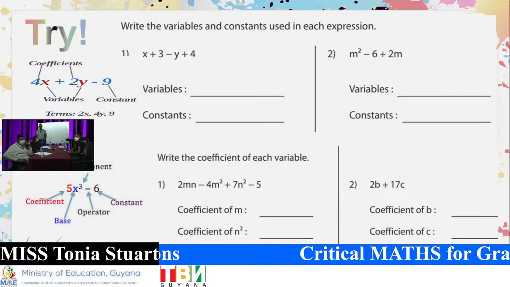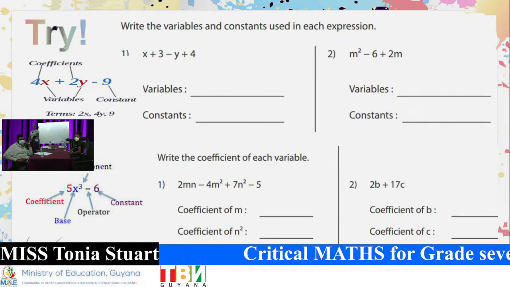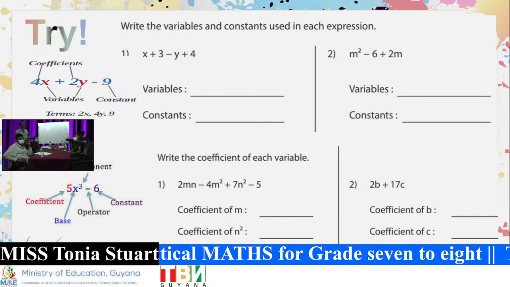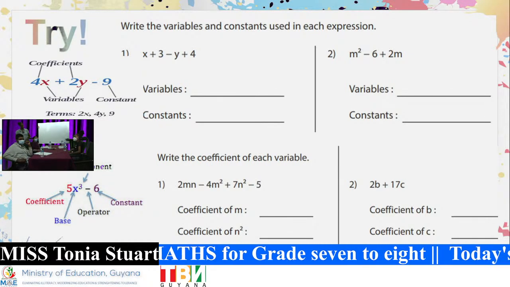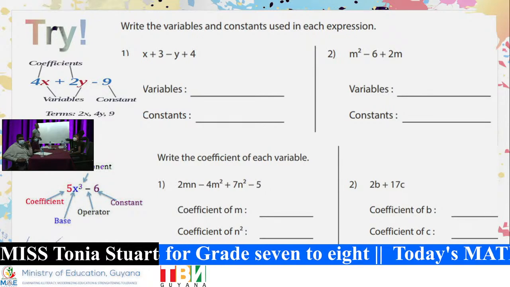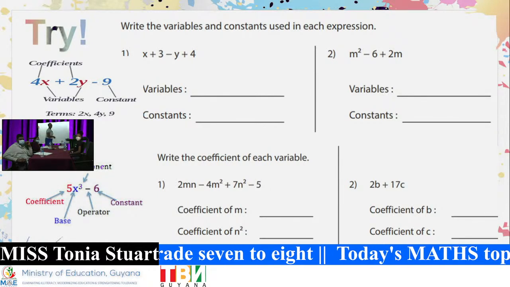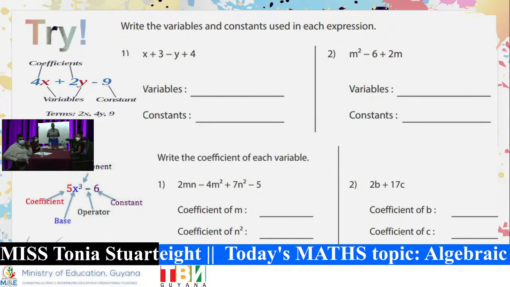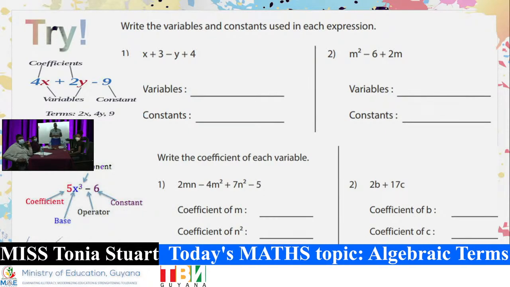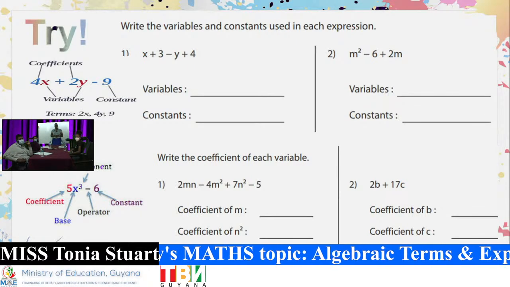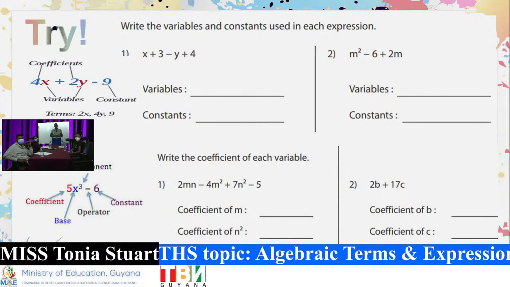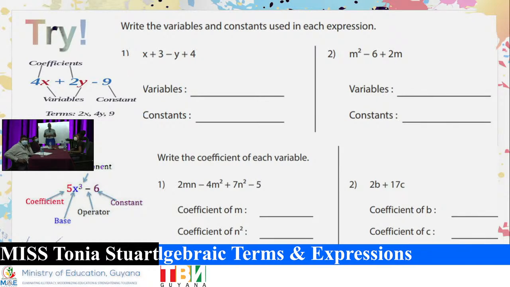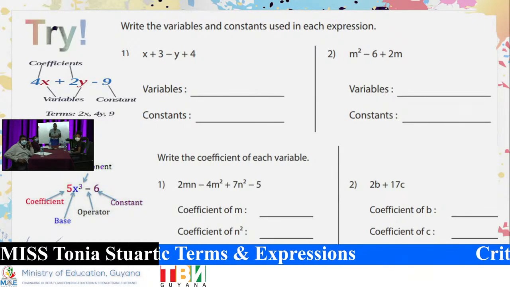Now, remember, they're asking for the coefficient of m. And if you notice at the bottom also, they have the coefficient of m squared. So be conscious of that. So the coefficient of m is 2. The coefficient of n square, Shamar? -4. +7.